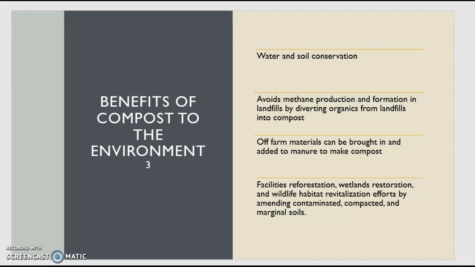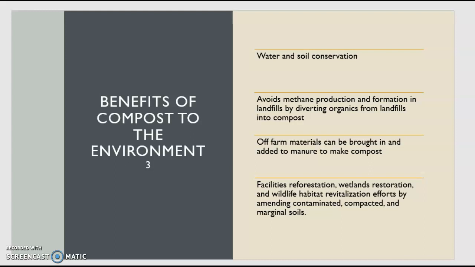Again, we're still relating to the food system. This is just talking about benefits of composting to the environment, and these benefits to the environment include water and soil conservation, avoids methane production and formation in landfills by diverting organics from landfills into compost.